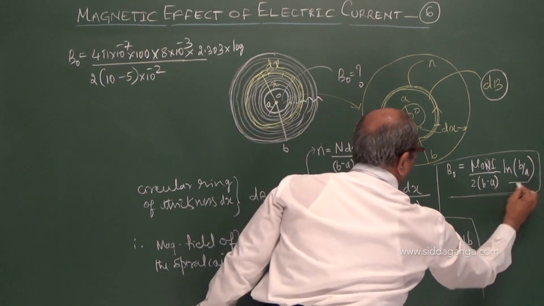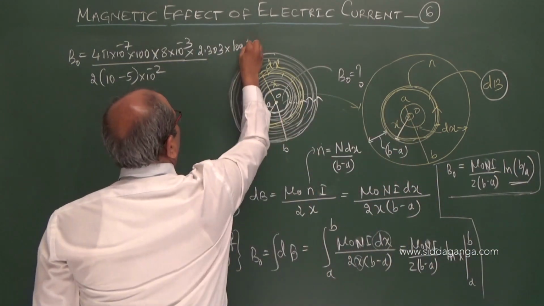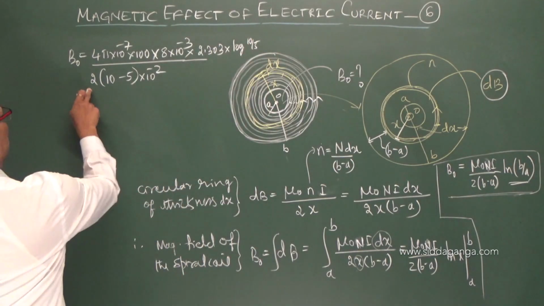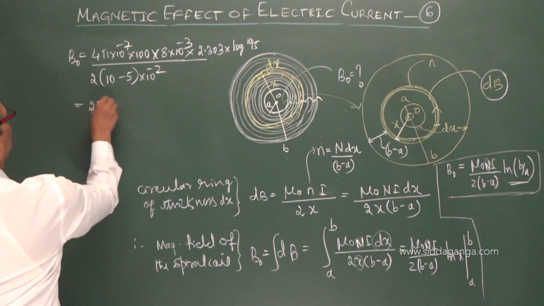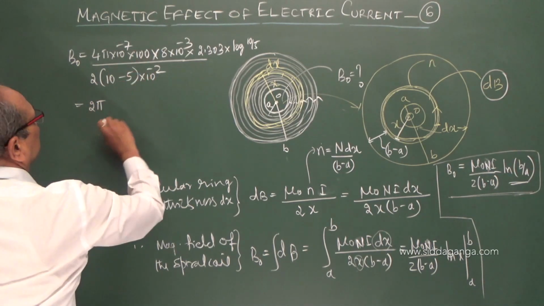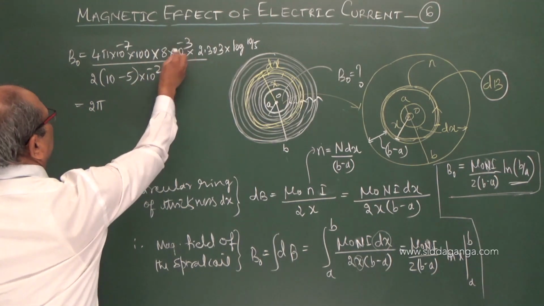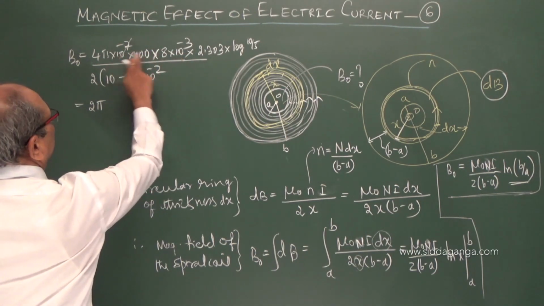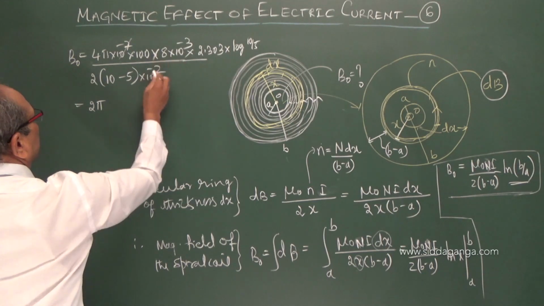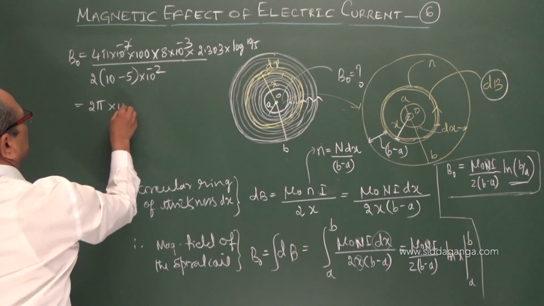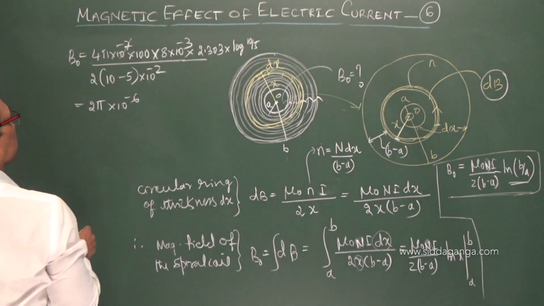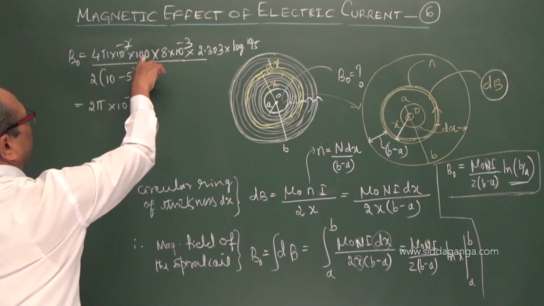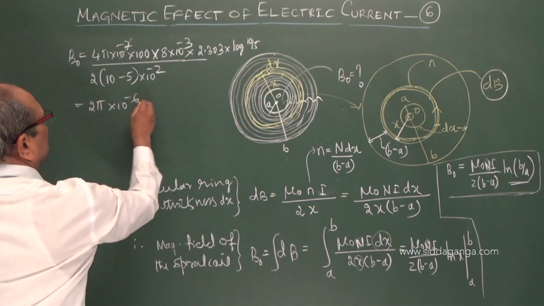Be careful converting here. It is 10 by 5, which is 2. So 2 cancels, it becomes 2 pi. 100 into 10 power minus 7, minus 2, minus 5, entirely minus 10. Minus 10 minus 4, it becomes 10 power minus 6.